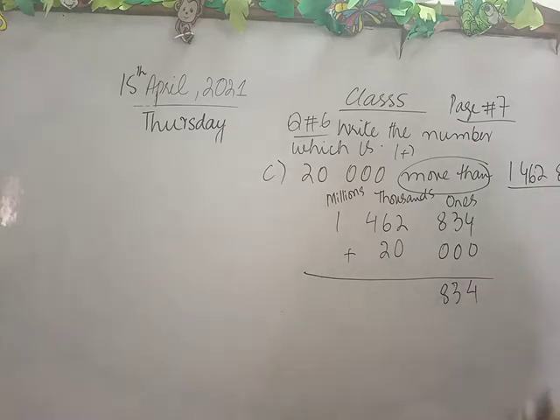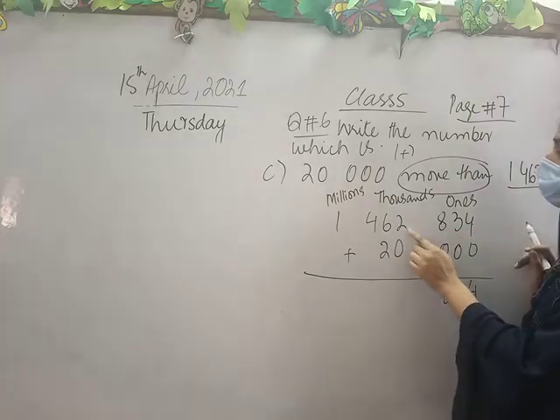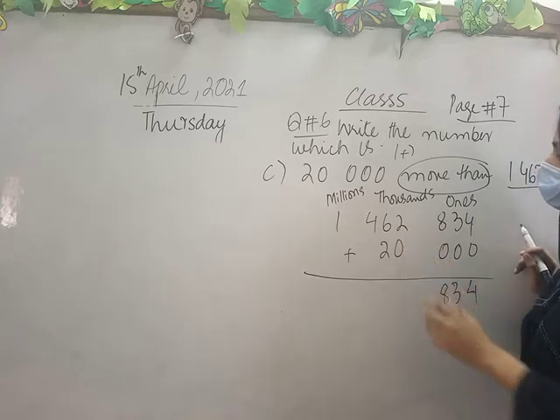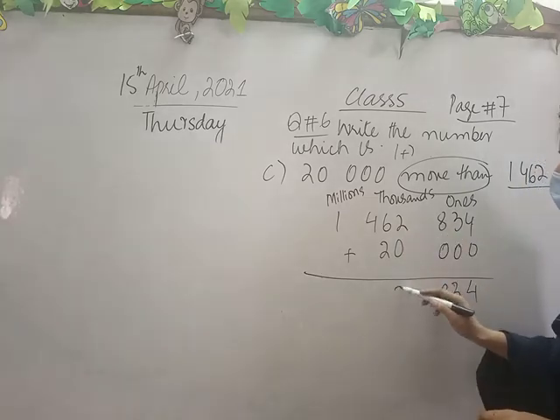Fine. Next number, because there is a space in between of two numbers, this space indicates the next unit, which is 1000. So what is the first value of 1000 from this right side? 2, which is upper value, and the lower value is 0. So 2 plus 0 is 2.